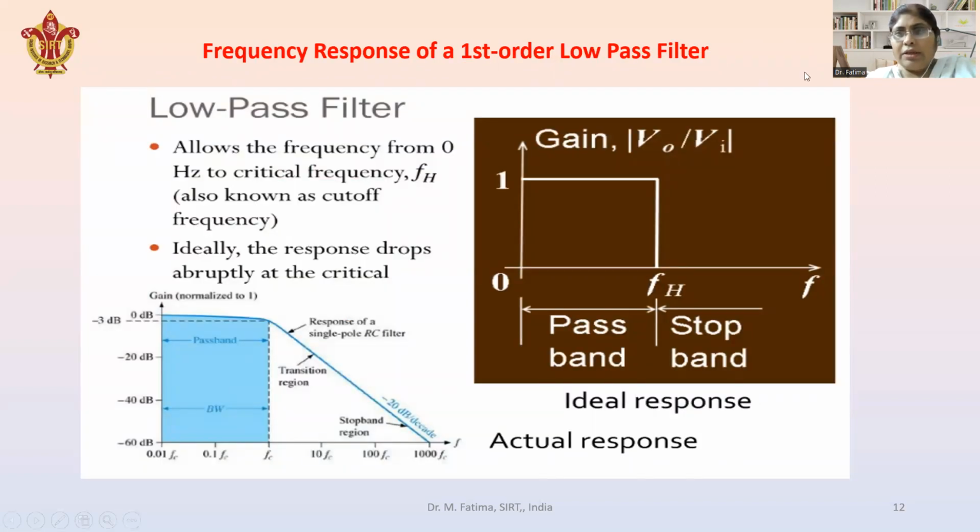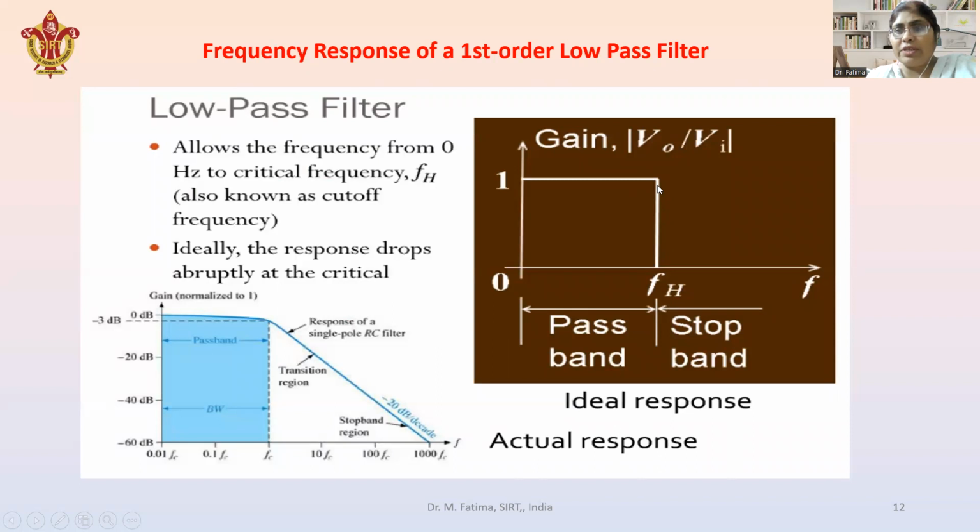Now see here, this is the frequency response of the ideal filter, or you can say the ideal response of the filter, where on the x-axis f is the frequency, and on the y-axis gain is taken. The gain is drawn with respect to the different values of the frequencies. You can see the gain is constant, and after the cutoff frequency, this fh is representing the cutoff frequency.